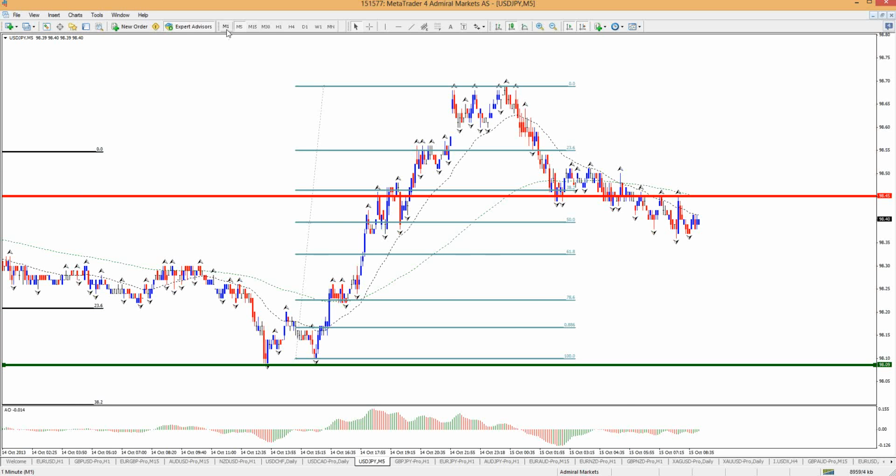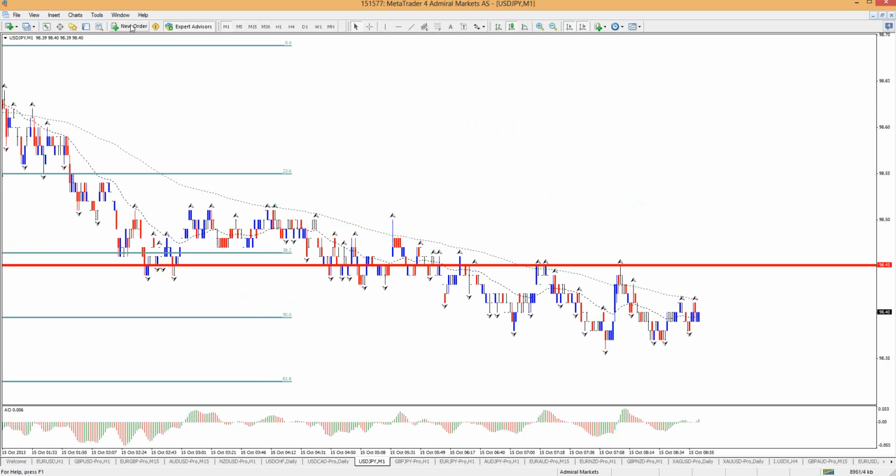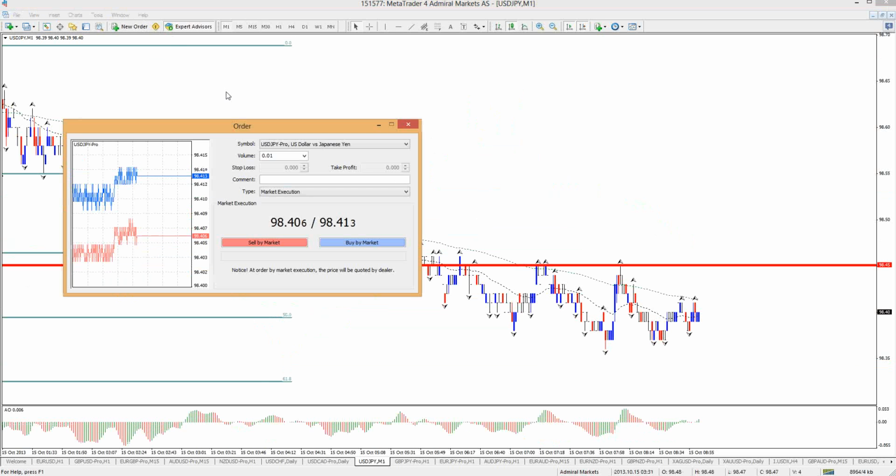Is the price frozen? It doesn't seem to be moving. It's just awfully quiet. Well, we do have news on the pound and euro, as we know. Maybe the market is quieting down a bit. We are getting within half an hour of that news event.